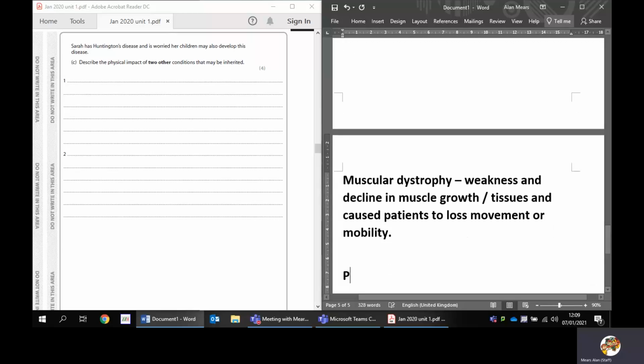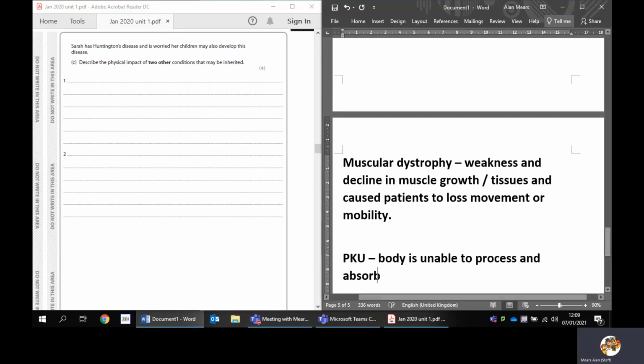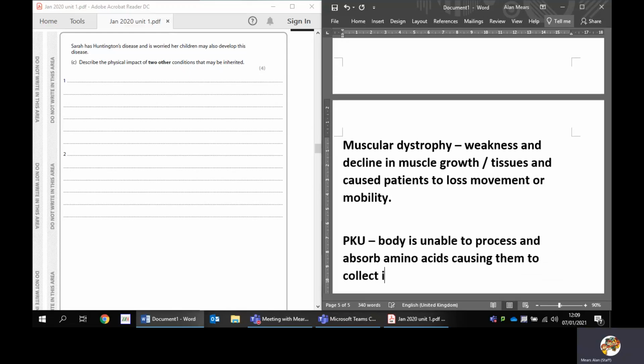There's obviously PKU. There is a long medical name, which I can't pronounce, I can't spell, so I would put PKU. I'd hope that PKU would be enough to accept it. This is an inherited condition, and it's about the body being unable to process and absorb amino acids, causing them to collect in the body and particularly around the brain.